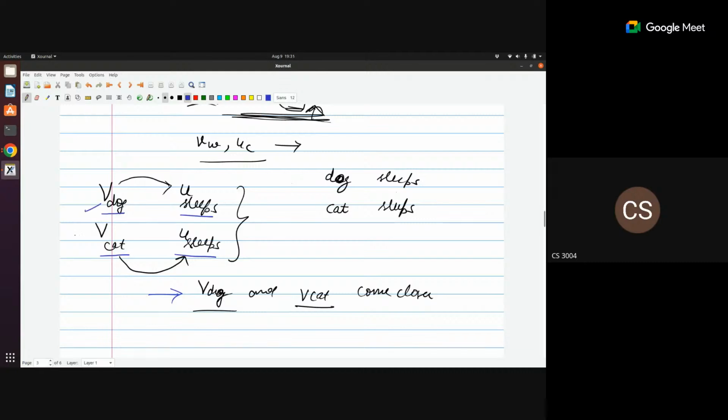We want dog and cat to be closer to each other, which is happening in the matrix V. We don't want dog and sleeps to be together. Dog and sleeps are coming out to be together when you look at U, which is in W context, and this information is in W word. So the W word matrix consists of the correct representations for the words.